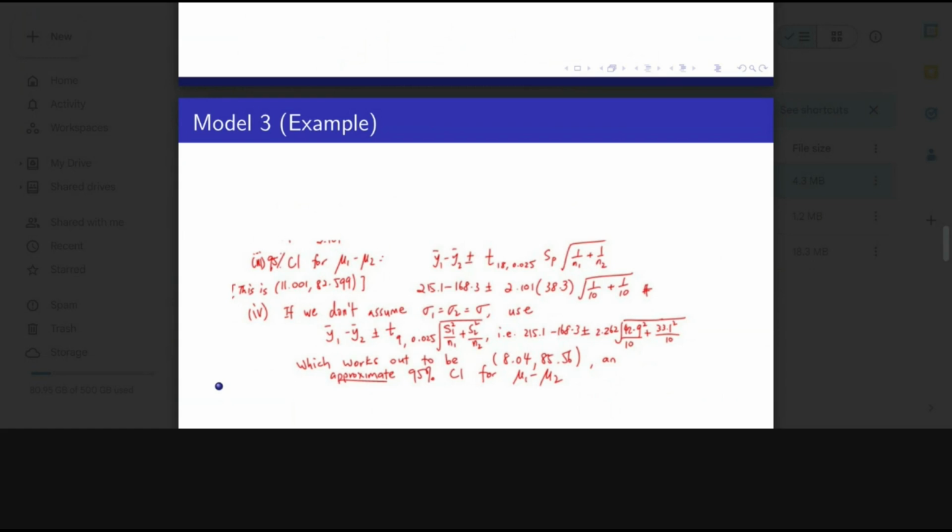Okay. So that's how you get an approximate CI. These are very practical things that people may ask you next time how to do. Just remember the underlying assumptions: normality of the data, and then independence, not just of the data within the one population, but across the two populations as well.